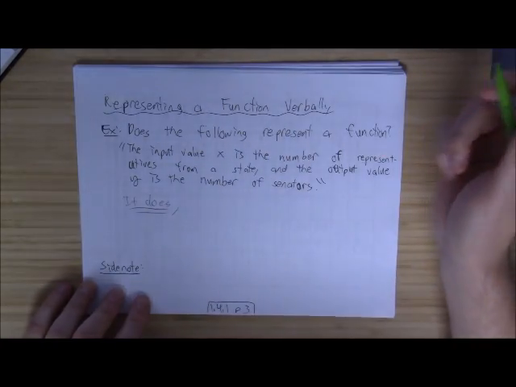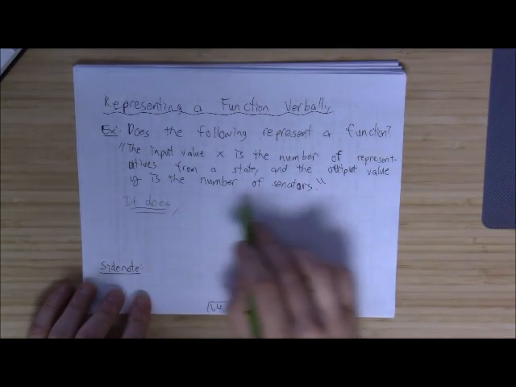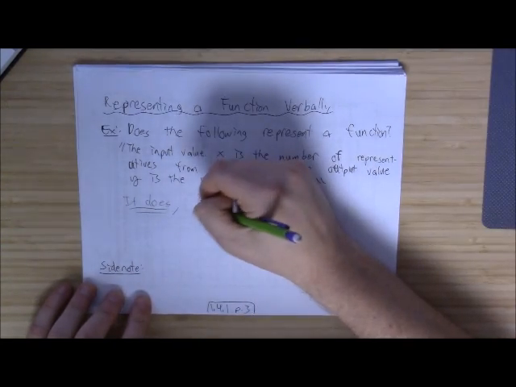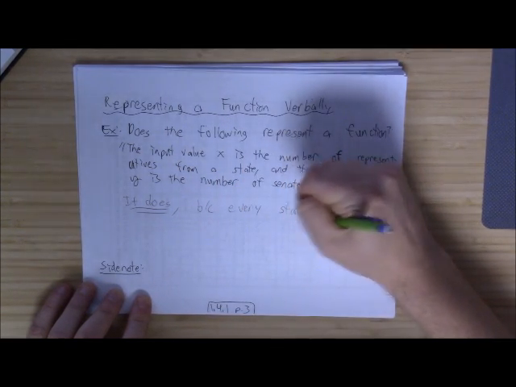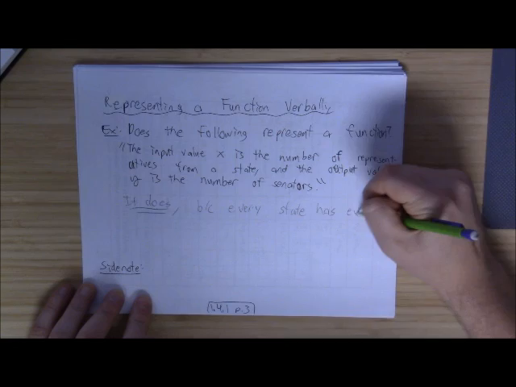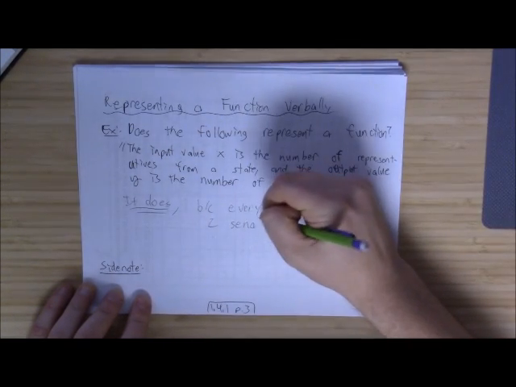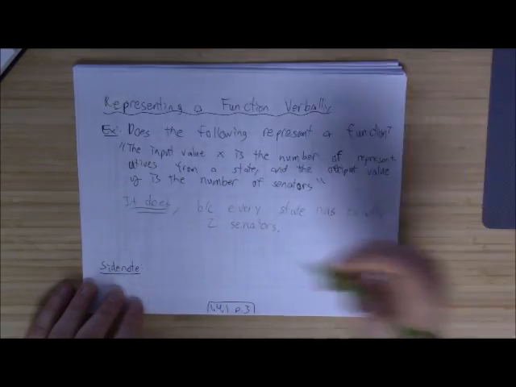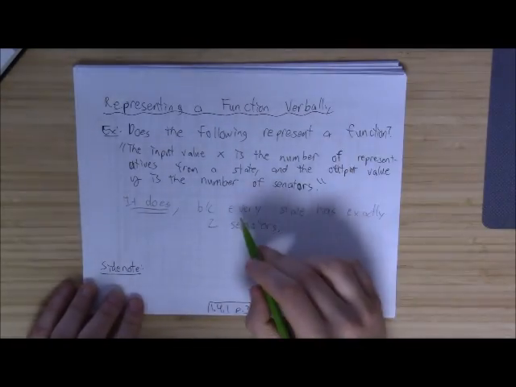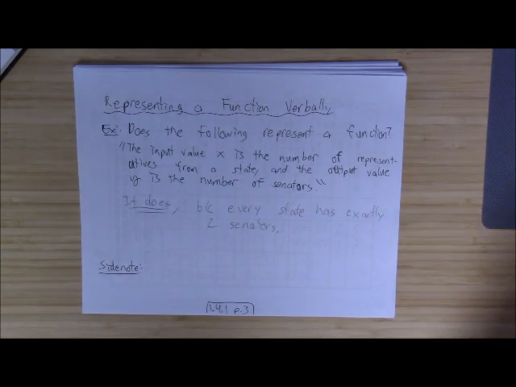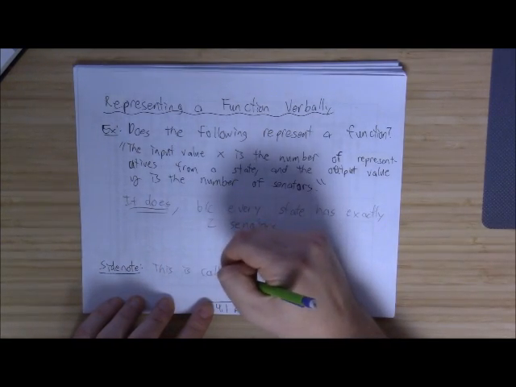Namely, no matter what the number of representatives is from a state, the output value y is going to be 2 because every state has exactly 2 senators. By the way, that means the function in a sense is really just 2. No matter what you plug into it, you get 2. This is called a constant function.